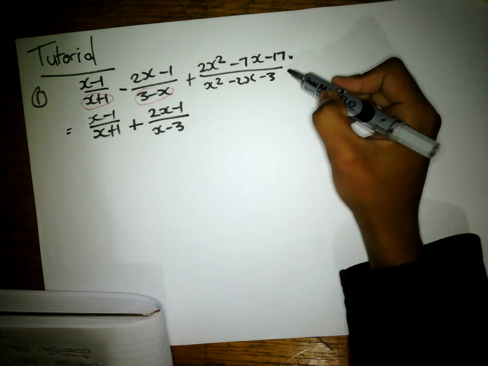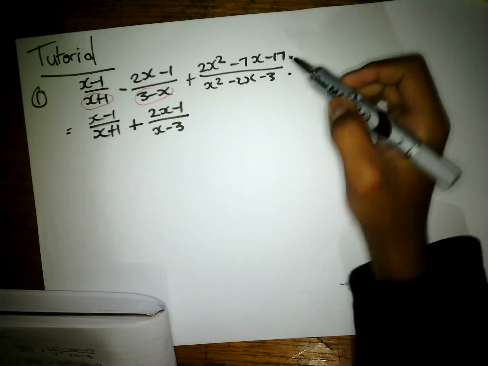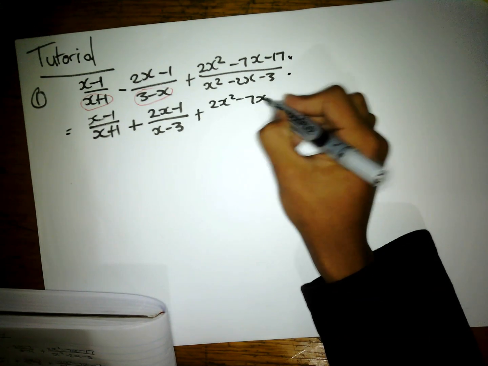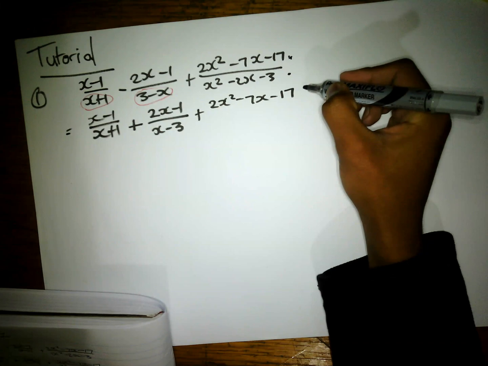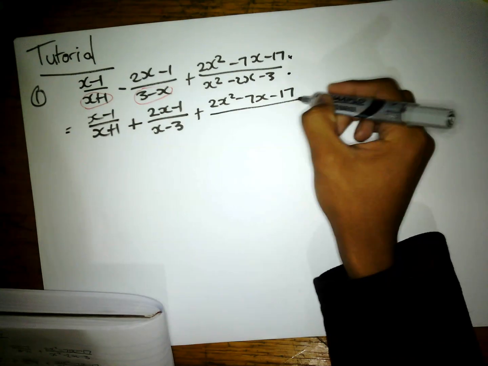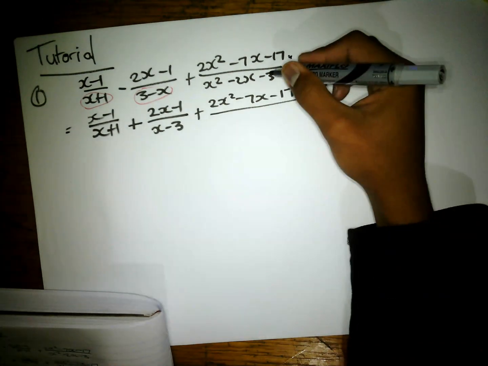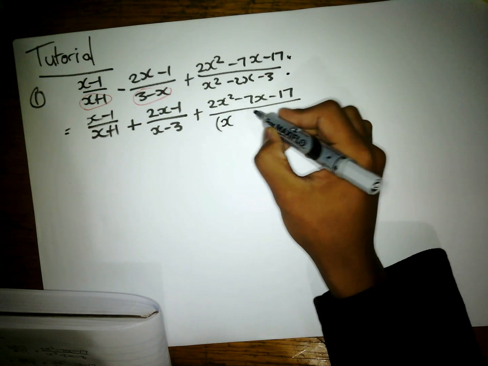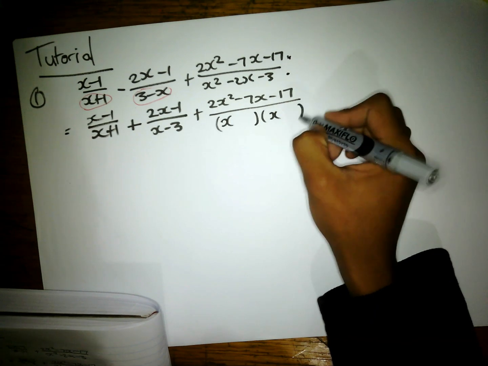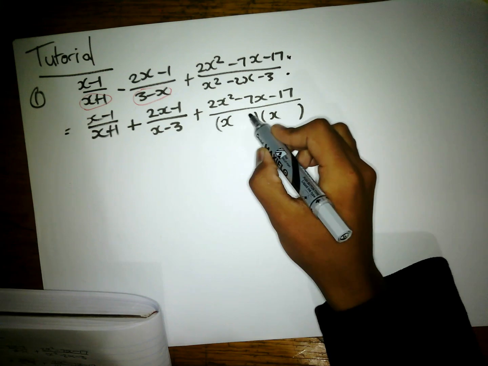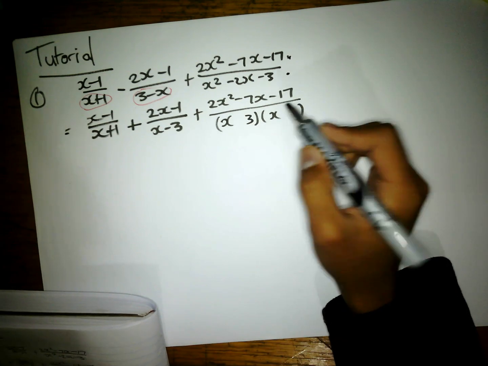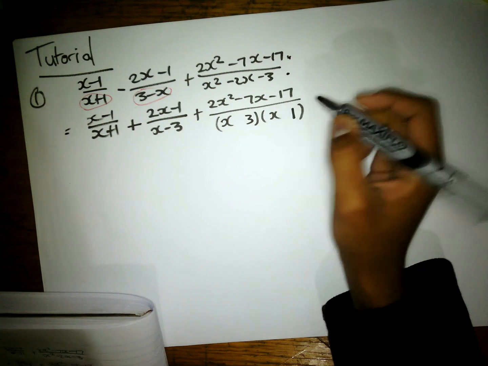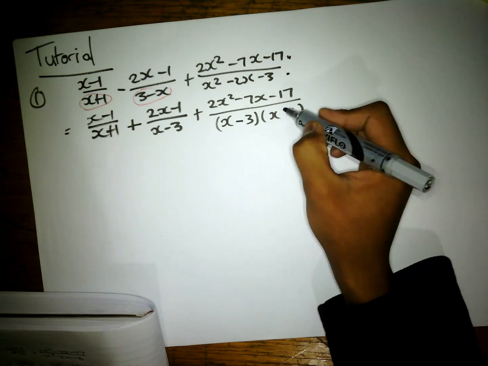If we look at the bottom one, we can definitely factorize it. The 2x squared minus 7x minus 17 we leave as it is. So x squared minus 2x minus 3 is going to factorize like this: a 3 and a 1, a negative 3 and a positive 1.